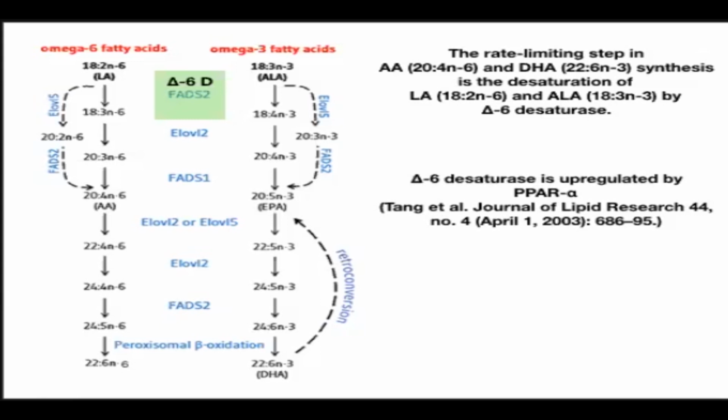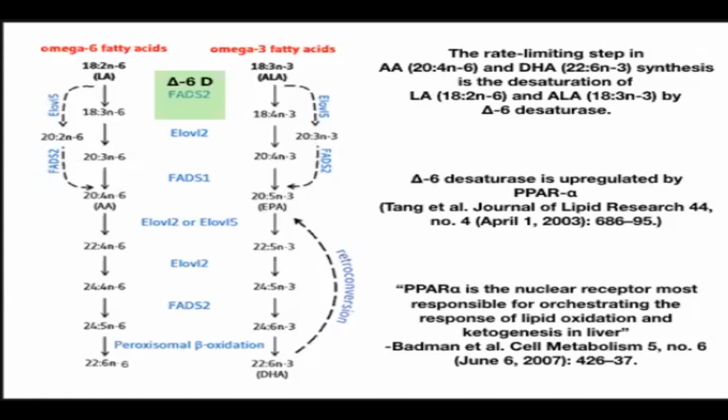And PPAR alpha, of course, is intimately involved in ketogenesis. So if you're on a ketogenic diet, then your delta-6 desaturase may well go up, and this may increase the rate of your own ability to take linoleic acid, and arachidonic acid, which also goes way up, and linolenic acid, and turn it into DHA. So that's a very speculative idea, but I'm wondering if that might account for some of the changes we're seeing as opposed to just drawing more of it out of the adipose tissue.